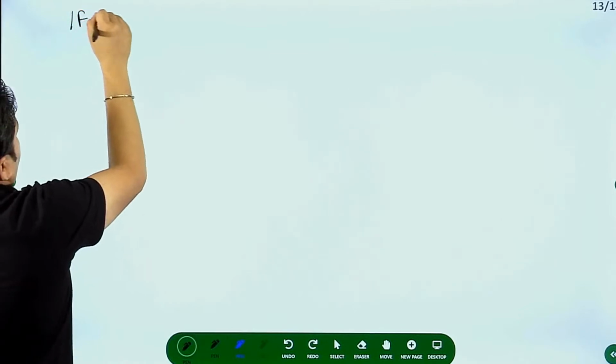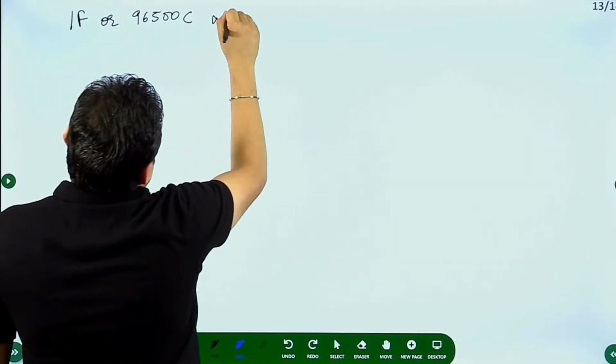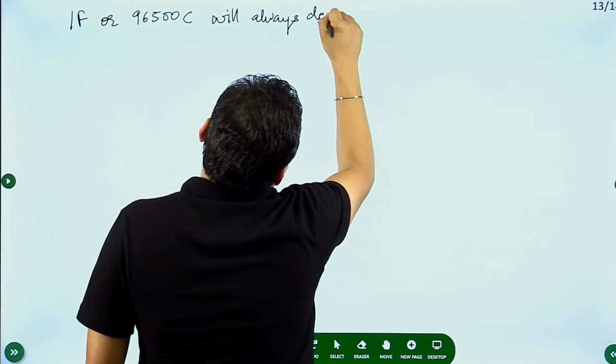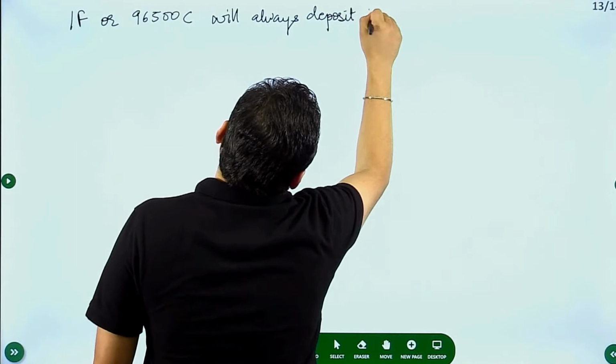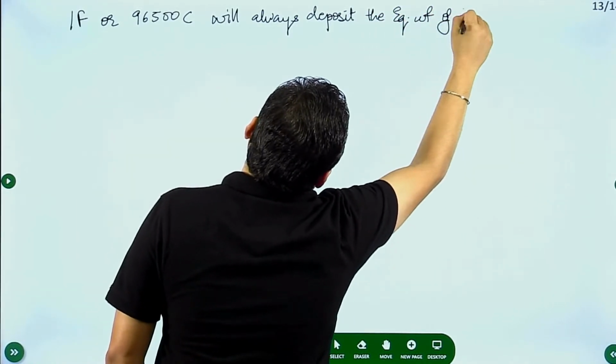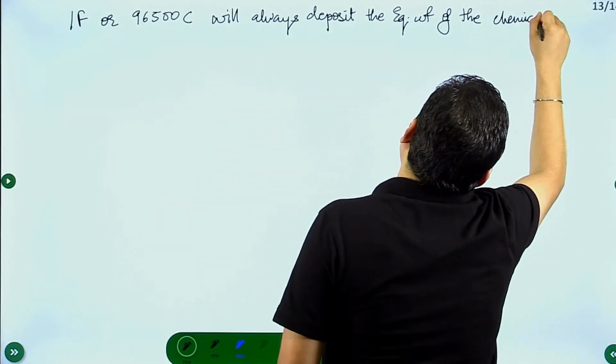So 1 Faraday or 96,500 coulombs will always deposit the equivalent weight of the chemical.